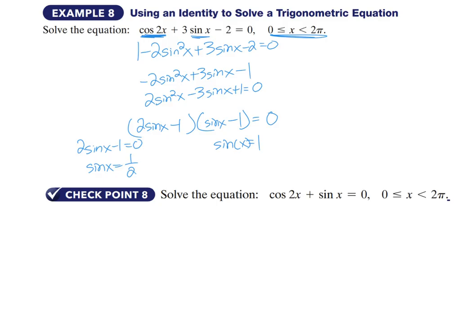So when does sine of x equal 1/2? That's when x is pi/6 and 5 pi/6. And here, x is, not 5 pi/6. Sine of x equals 1 when it equals pi/2. So these are my 3 solutions.